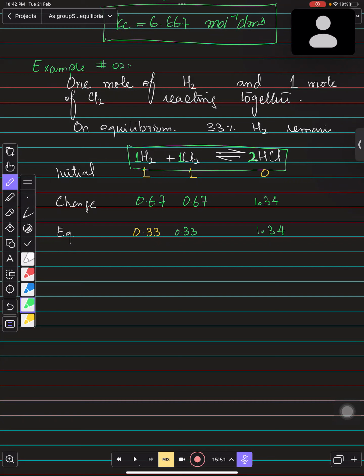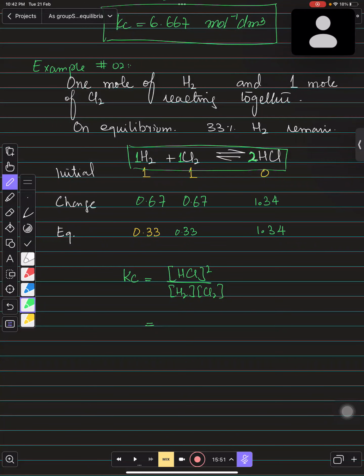ठीक है ना. अगर फॉर सपोज मैं इसकी केसी की एक्सप्रेशन लिखता हूं तो केसी की एक्सप्रेशन क्या होती है? केसी की एक्सप्रेशन होती है concentration of hydrochloric acid की power 2 and over the concentration of hydrogen and chlorine. ठीक है ना. ये आपके पास इक्वेशन होनी चाहिए. But right now we don't have volume, we just have number of moles.